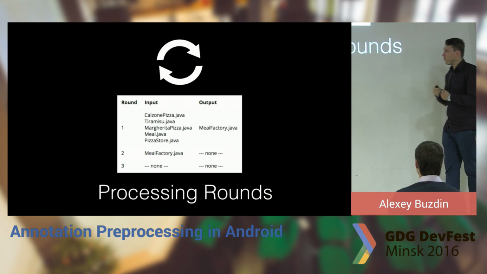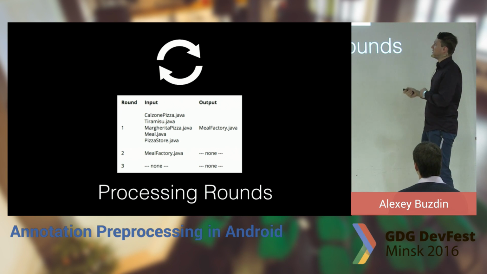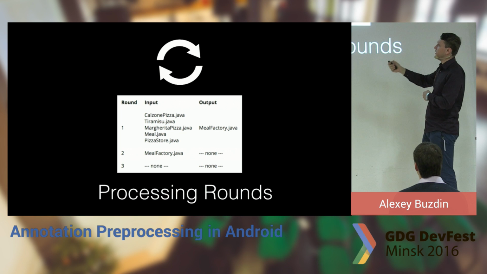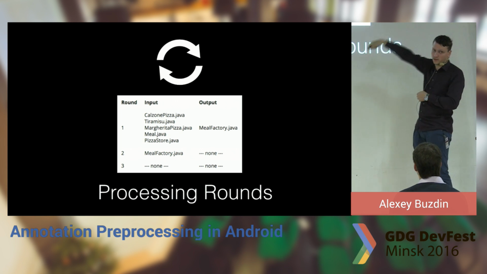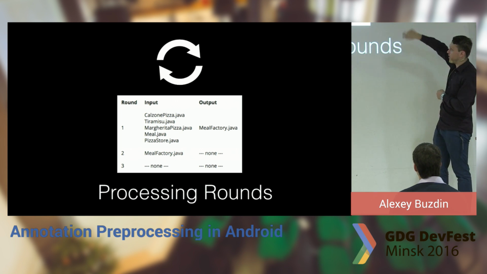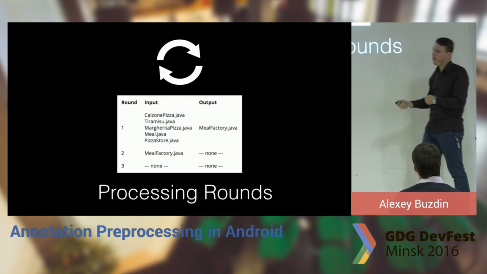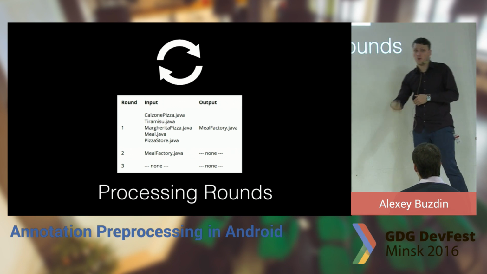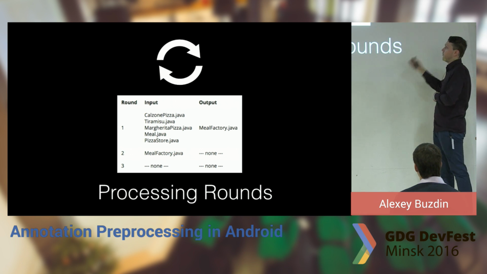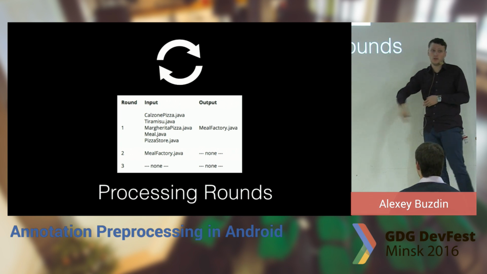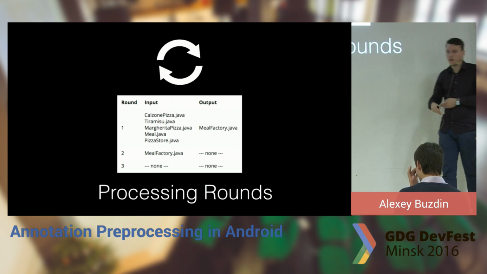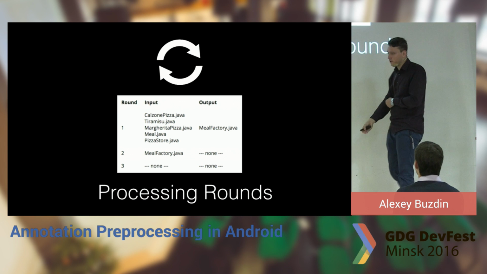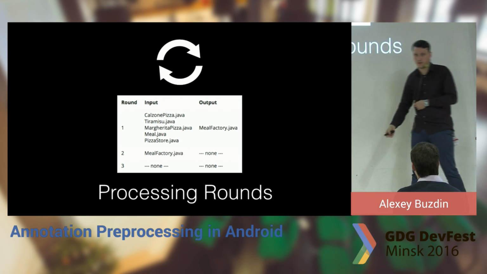And to make it a bit more complicated than this, this process method is running all the time. So it has rounds of processing. Why? Because you can generate code which also has annotations that you need to process. For example, you generate some dependency injection code which also has injects inside of it.